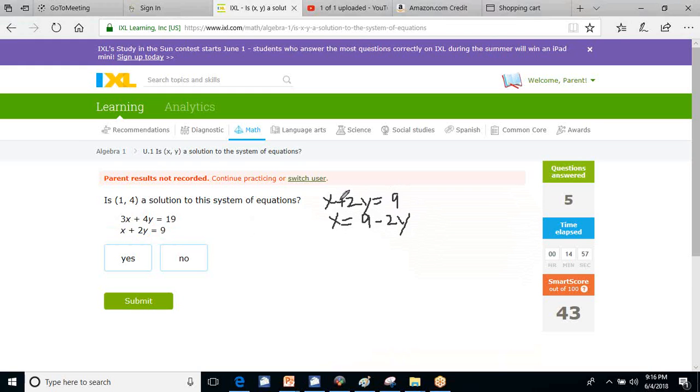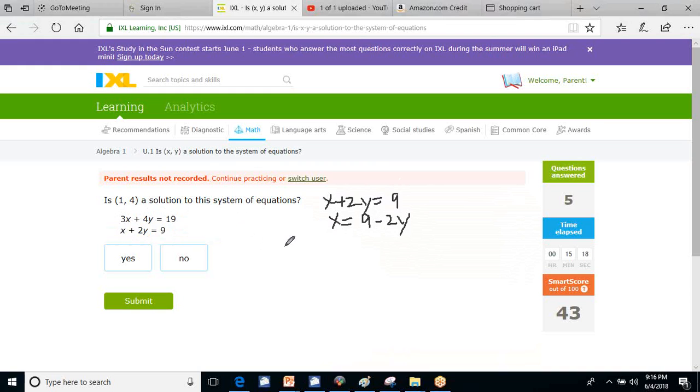Because you move the 2y from the left-hand side to the right-hand side, you have to change the sign. So we know that x is equal to 9 minus 2y. So all we do now, we plug x in the first equation.